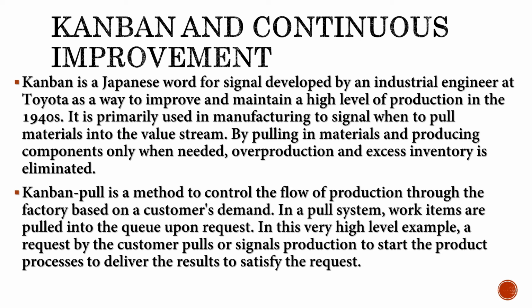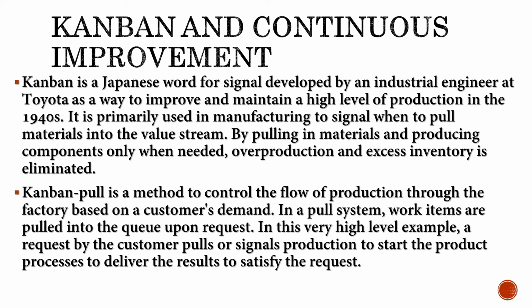It is primarily used in manufacturing to signal when to put materials into the value stream, by pulling in materials and producing components only when needed. Overproduction and excess inventory is eliminated.